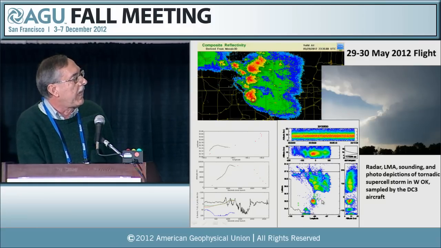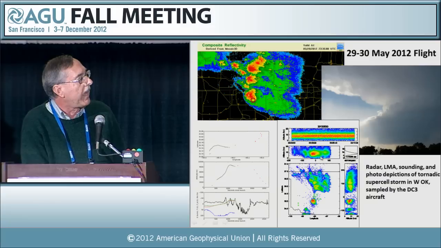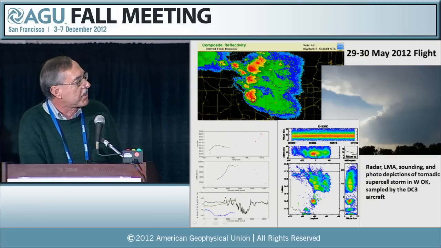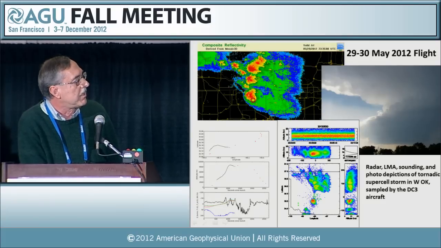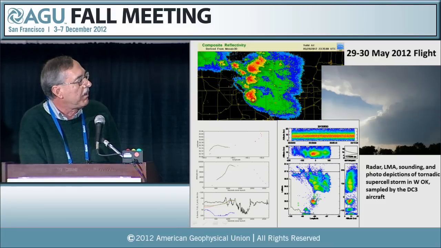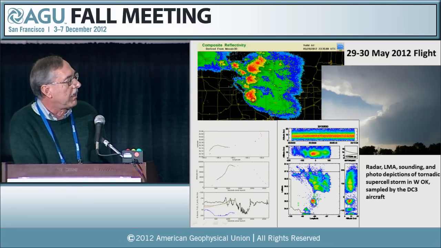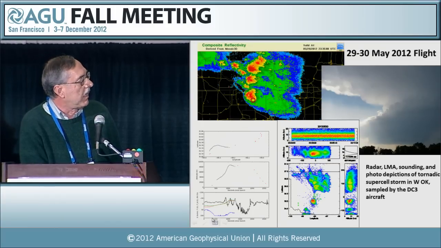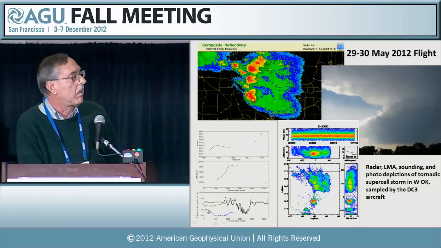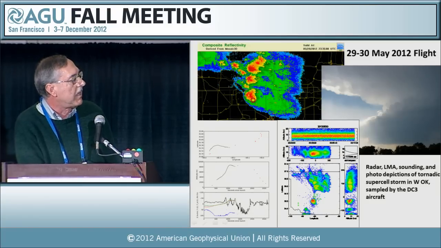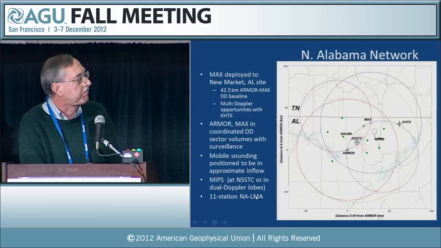And here's the LMA depiction for that, with a really strong set of VHF sources showing up in this region, and in the vertical here, especially in this particular cell. And then on the left is some of the sounding data that were taken. This is electric field measurements that were taken by balloon.